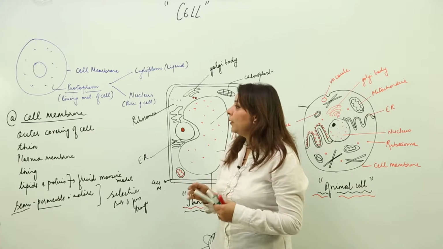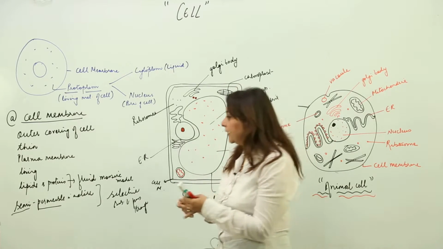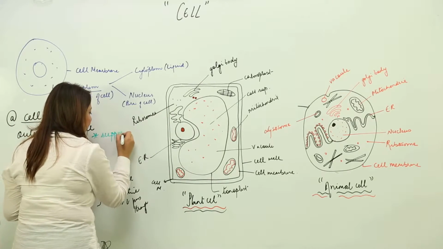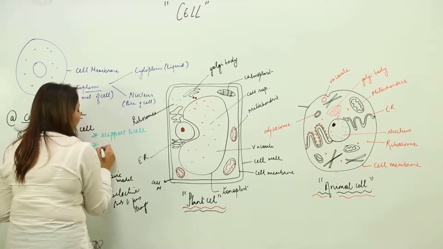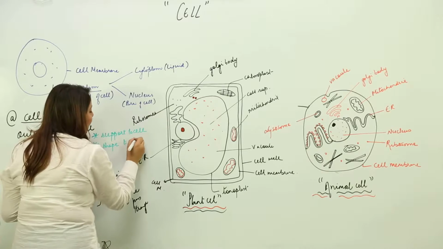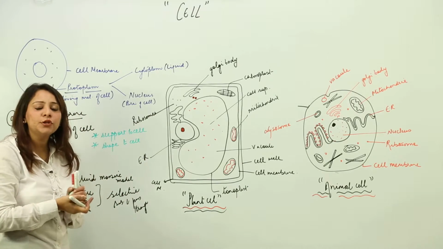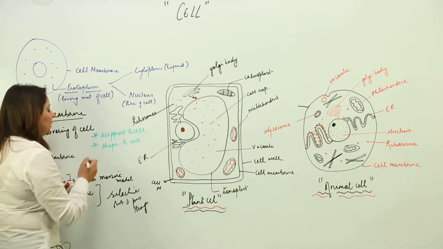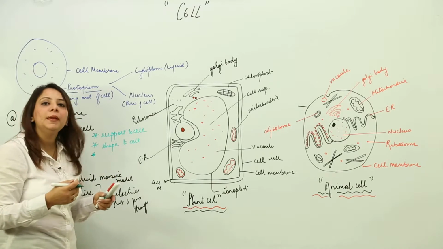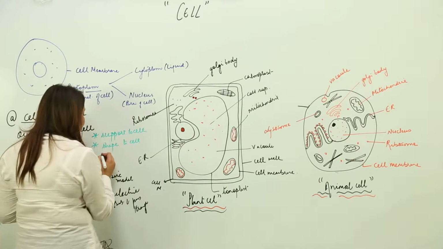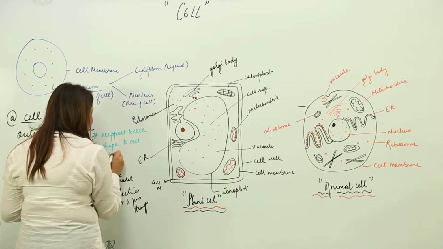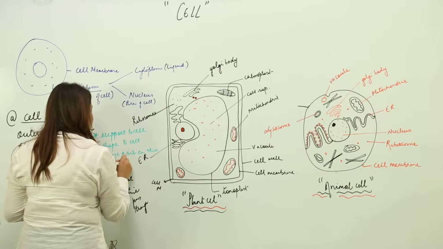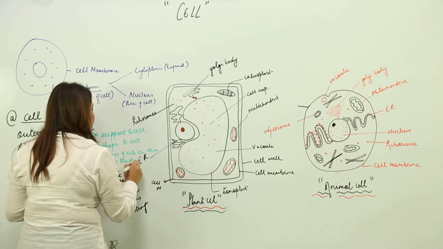Now if we want to know about its function, as I told you, it is the outer covering, so obviously it provides support to the cell. Moreover, it provides shape to the cell, because it is an outer covering and the way it is present, it shapes the cell. Because it is semi-permeable, exchange of substances can also occur through it.